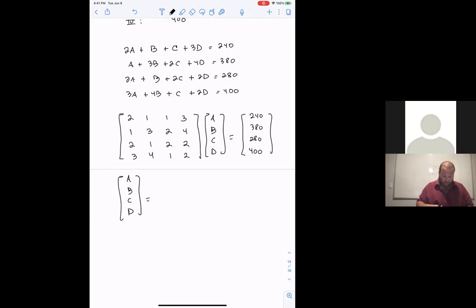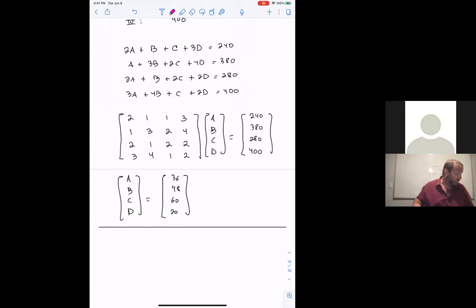Quit out. First one, inverse, times second one. Ooh, those are nice numbers. 36, 48, 60, 20. Nice how everything worked out. Of course, it was designed to work out.